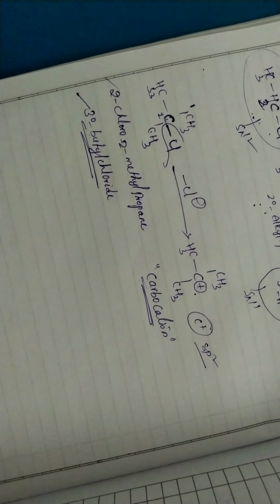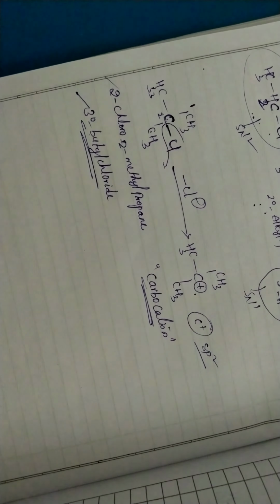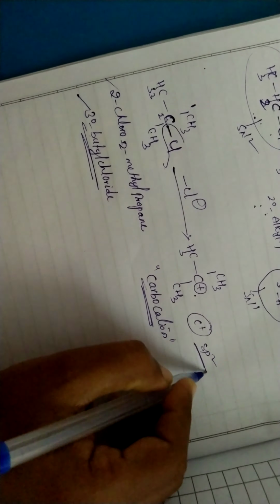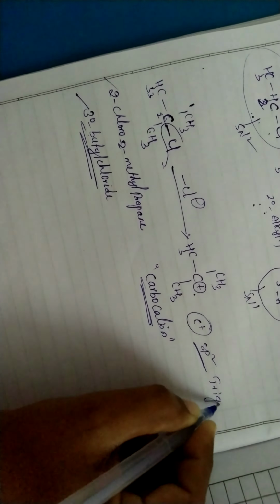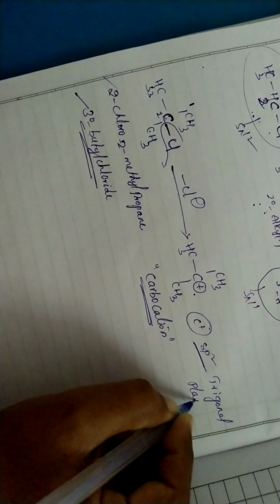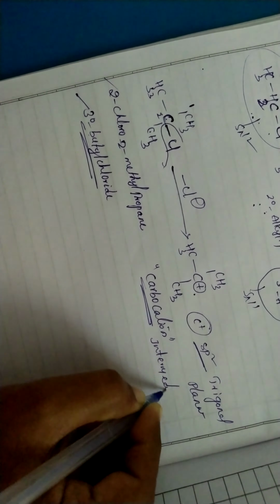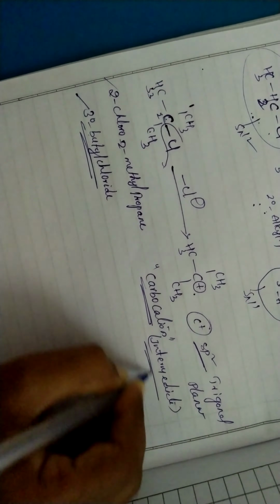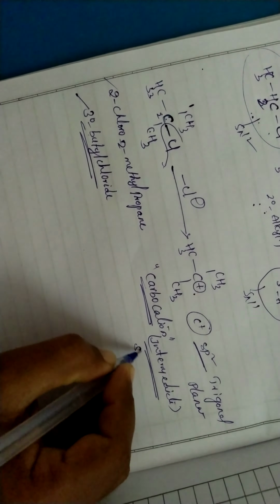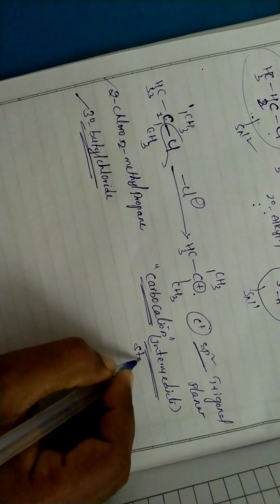In sp2 hybridization, the shape of the species is trigonal planar. Here this carbocation is called the intermediate. In step 1 we are getting the intermediate, and it is a stable intermediate.